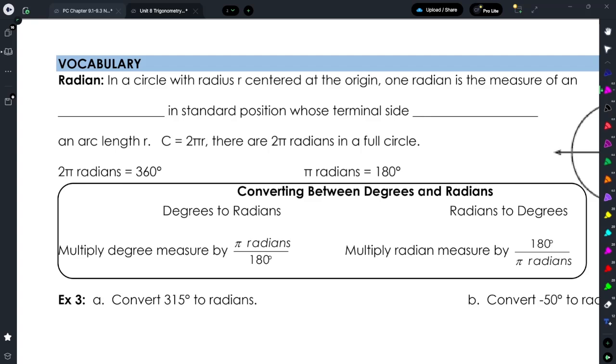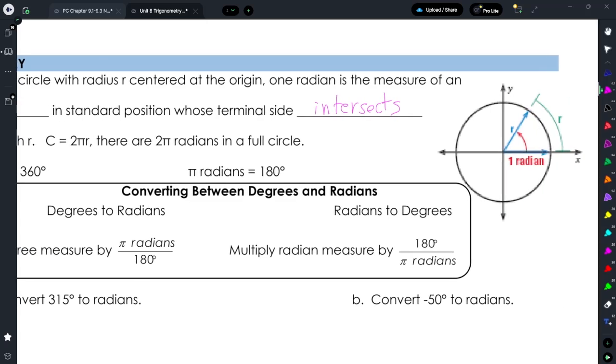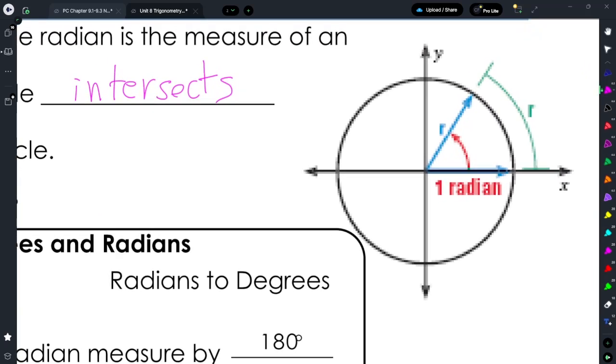And it's the measure of an angle in standard position whose terminal side intersects an arc length r.